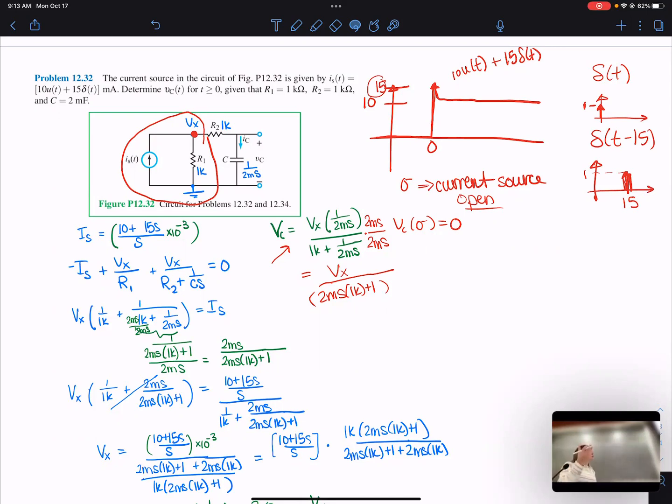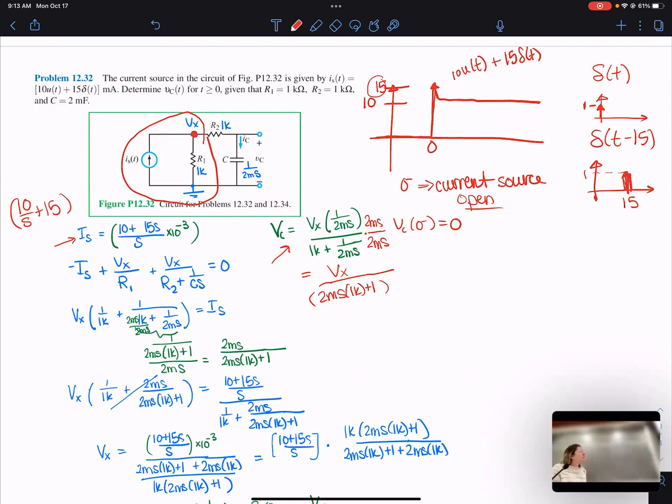What you're going to do when you change that over is that it's going to convert to 10 over S plus 15, or you can write it as 10 plus 15S over S. So note that those are the same. It could be 10 over S plus 15, or you can combine them with the same denominator to have 10 plus 15S over S.